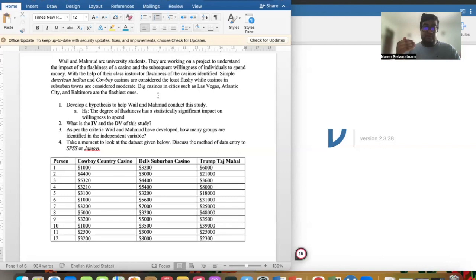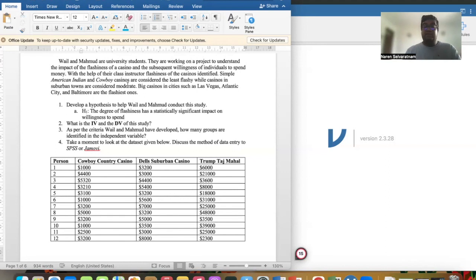So you may even consider renaming this, instead of saying type of casino, maybe you could consider the degree of flashiness, and then categorize them as least flashy, moderate flashiness, and highest flashiness. But in my example here, I haven't used that.